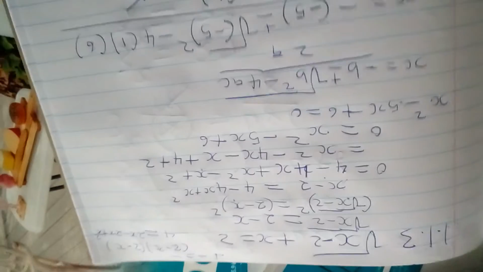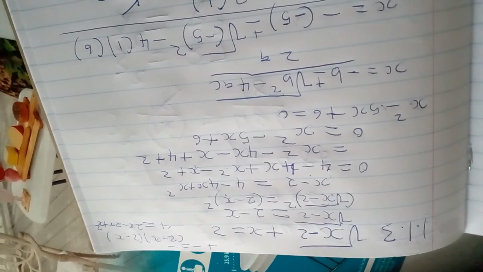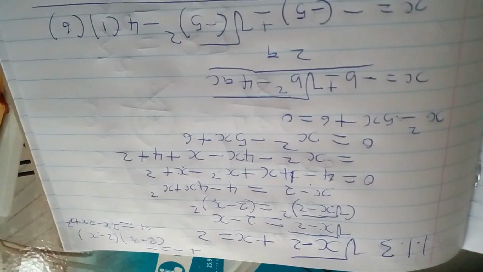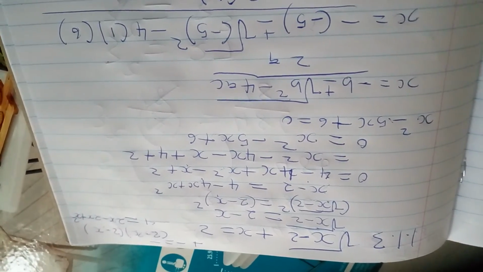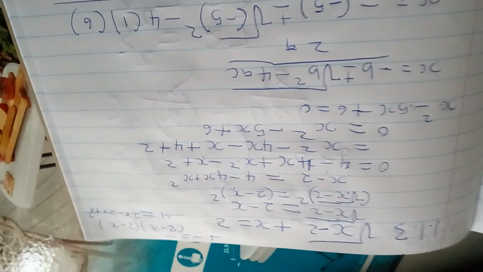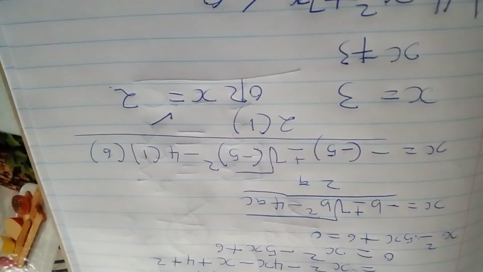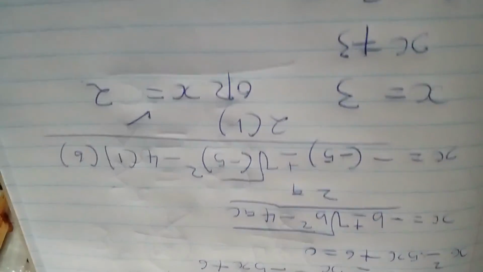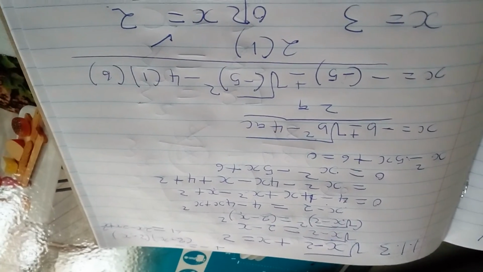We go to this one. I said if you have an equation like this, you solve it by removing the square root. How do you remove the square root? You square both sides, then you solve the other side, then you find the value of x as I showed you. Then you get our answer there, but you must double check when you get your answers. If you have two answers, you must double check. I simply said square root of 3 minus 2 plus 3.